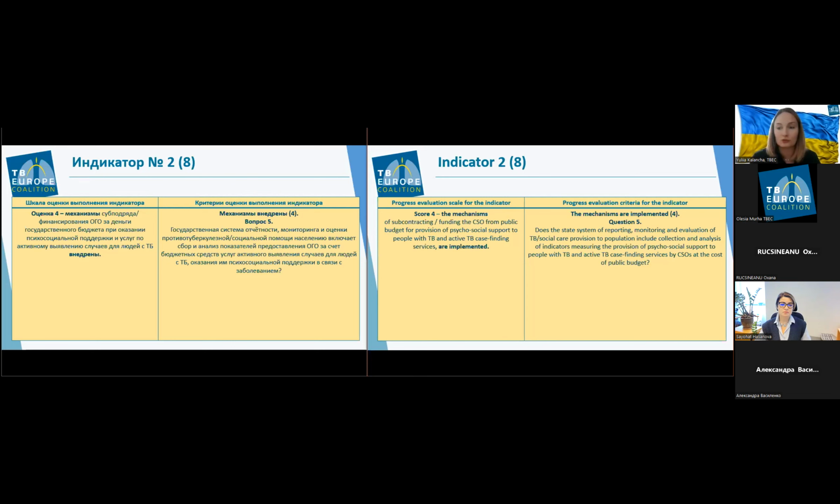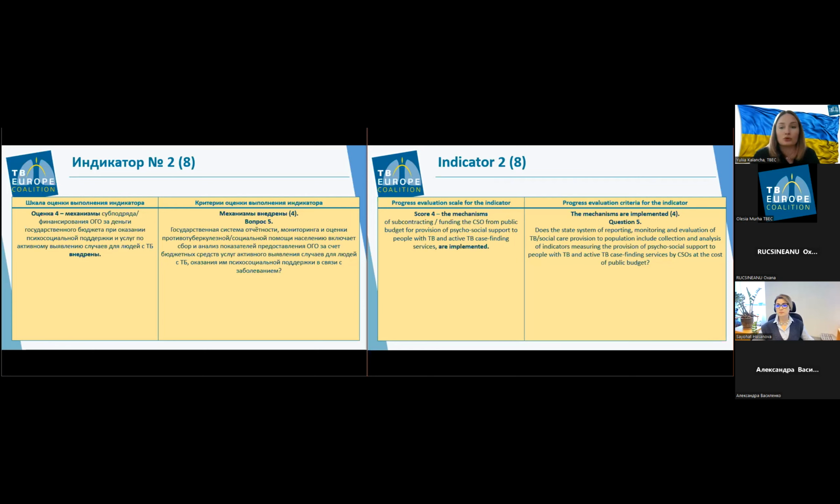And here, the mechanism of multi-sectoral interaction and accountability could be helpful, because the ministry and the national TB program of the ministry, I just don't know which ministry is responsible for you for provision of the psychological support, they should interact.